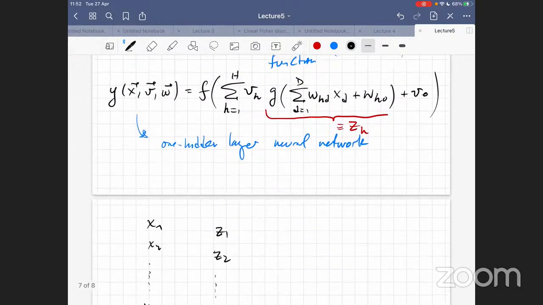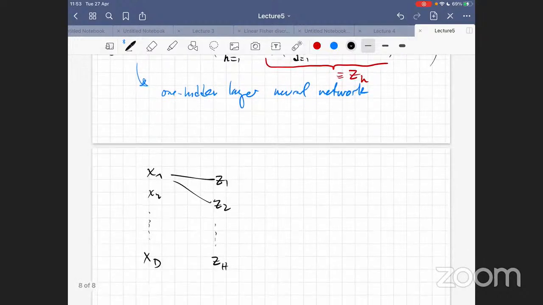Well, I connect through all these weights. All these z values depend on all the inputs, like this.